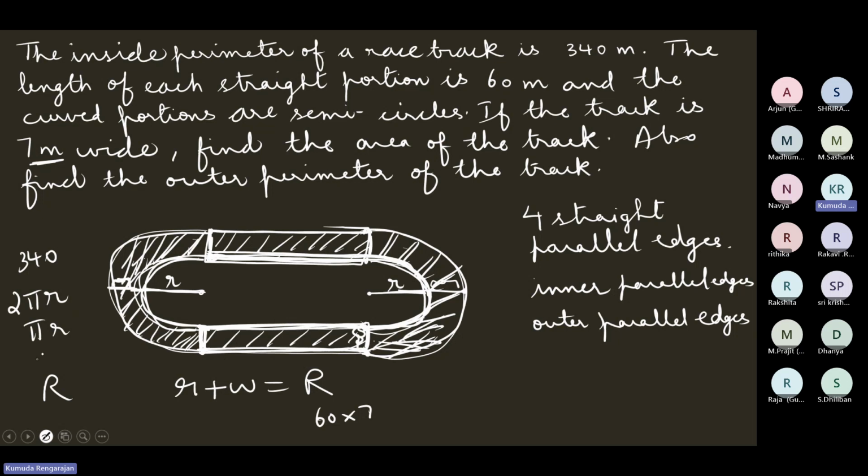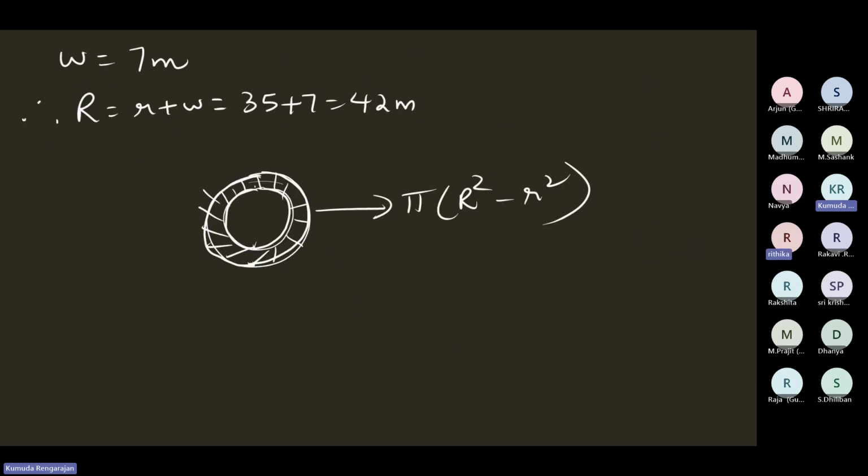So the shaded region here is made up of two rectangles and two semicircular rings. Both put together will make one circular ring. So you should find the area of two rectangles and one circular ring to find the area of the track.